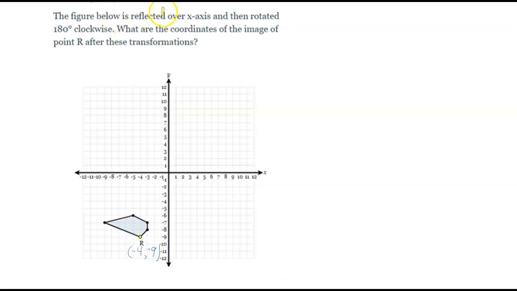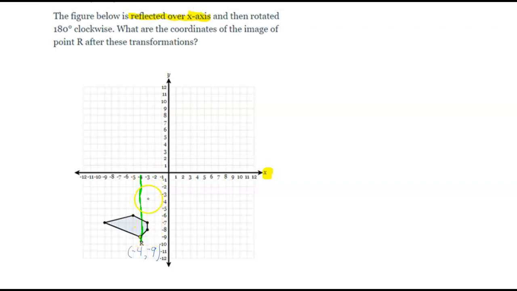Okay, have my coordinates. Then I'm going to go back and reread my problem. The figure below is reflected over the x-axis. Reflected means to flip. Okay, so I'm going to flip it over the x-axis. So I find the x-axis. Okay, I'm going to flip it over that. So I find how far it is from point R all the way up to the x-axis.